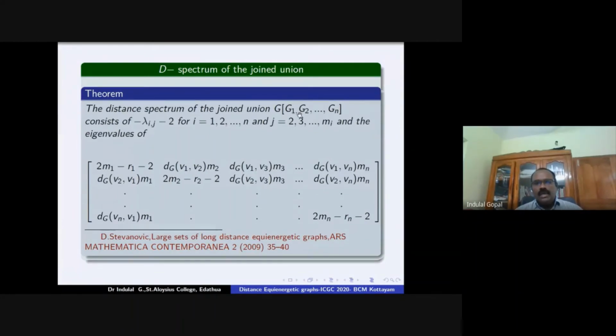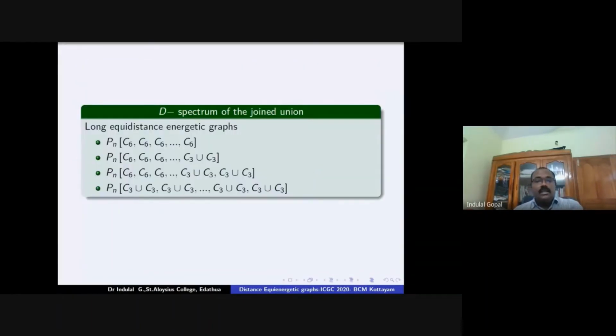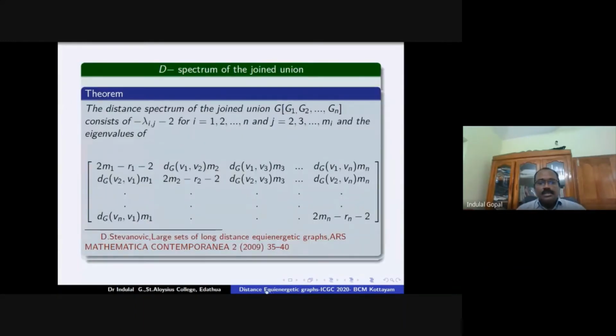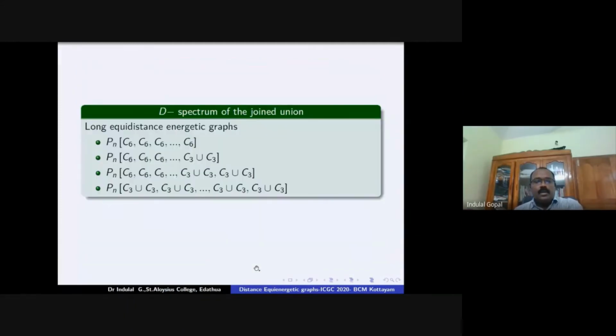So if we vary G1, G2, etc. Gn accordingly, we can have long distance equi-energetic graphs. This result was published in Ars Mathematica Contemporanea, authored by Stevanovic in 2009. And this is a family of long distance equi-energetic graphs.